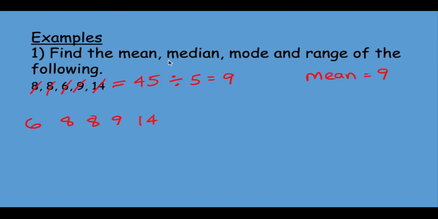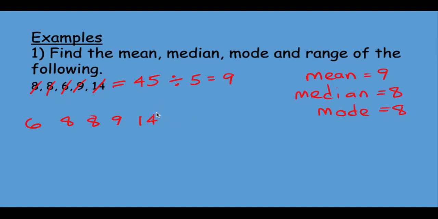So our median is our middle number. So there we go, there's our middle number. So our median is 8. You can see there's 2 8s and there's only one of everything else. So our most popular, or our mode, is 8 as well.